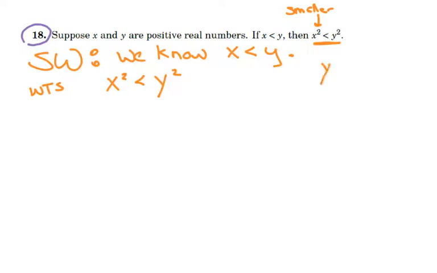So if this is true, then y squared minus x squared is greater than 0. Do you agree with that? x squared is the smaller number, and they're both positive. So if you subtract a smaller number from a positive number, it's going to be positive. And then you realize this thing factors, doesn't it?